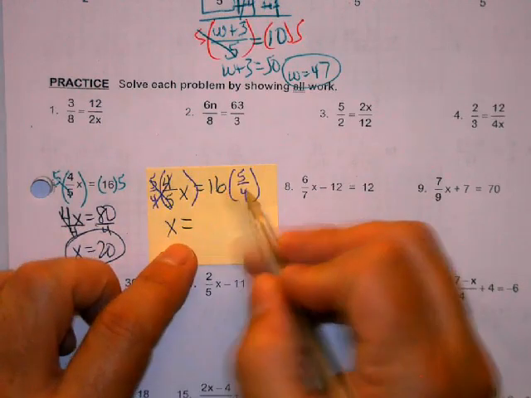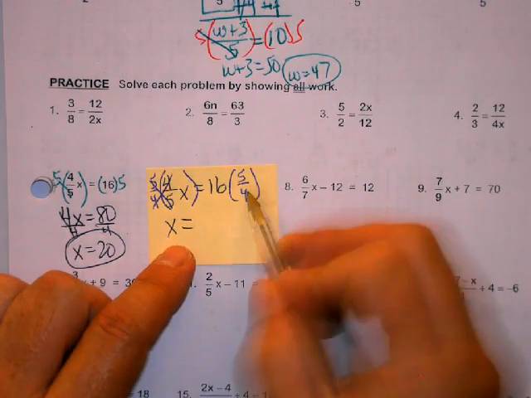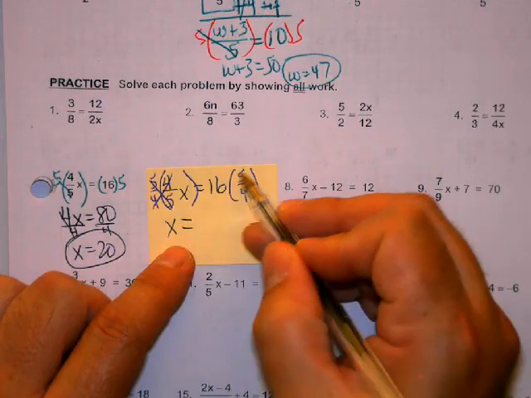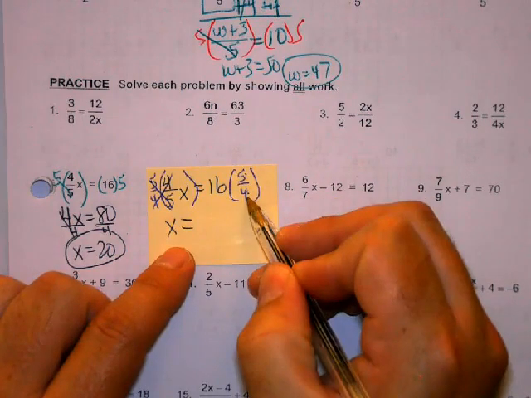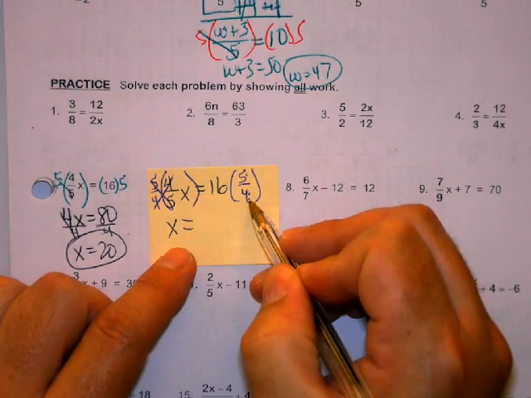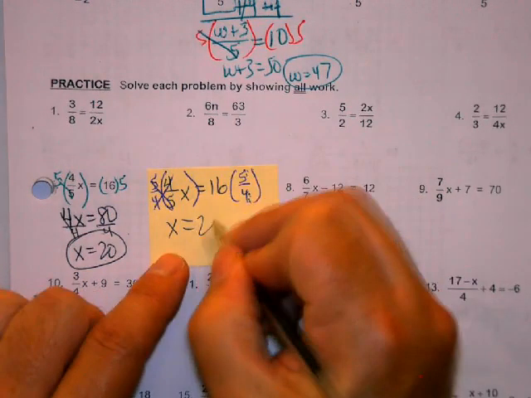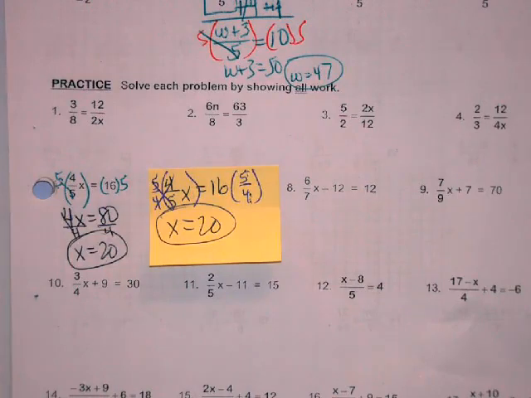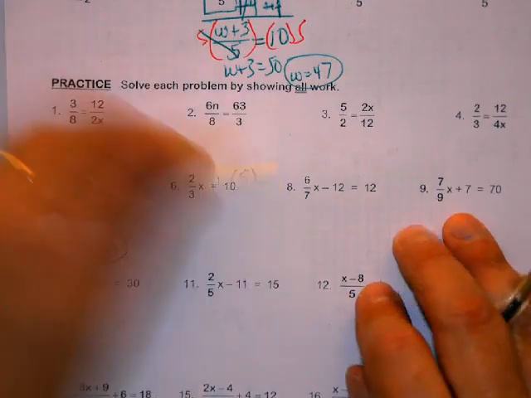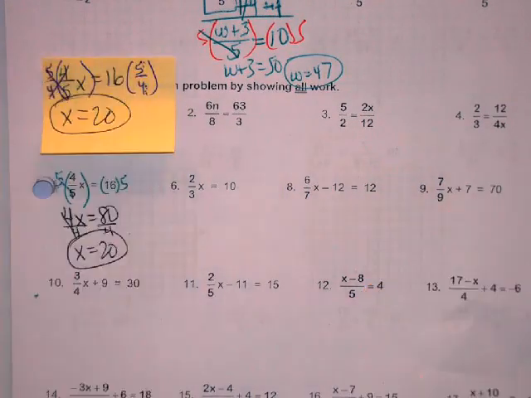You can punch this into your calculator just like this, or you can always do 16, multiply by the top and divide by the bottom. Multiply by the numerator, divide by the denominator. So 16 times 5 is 80, divided by 4 is 20, and I get to the exact same thing. So you have options.